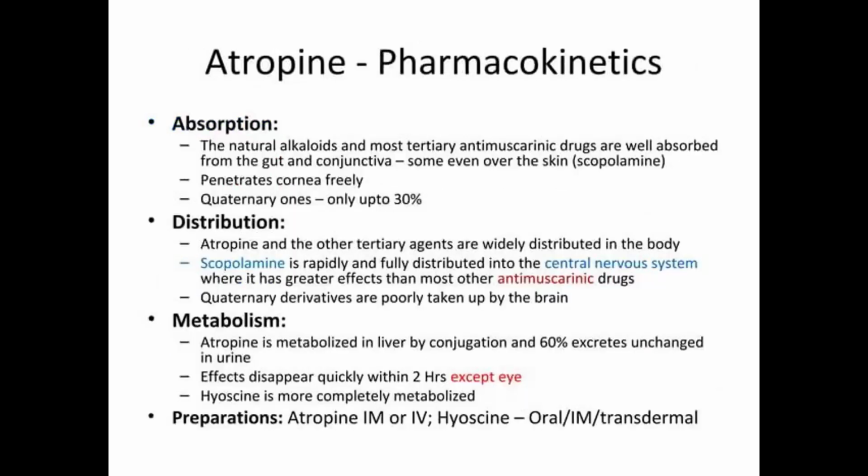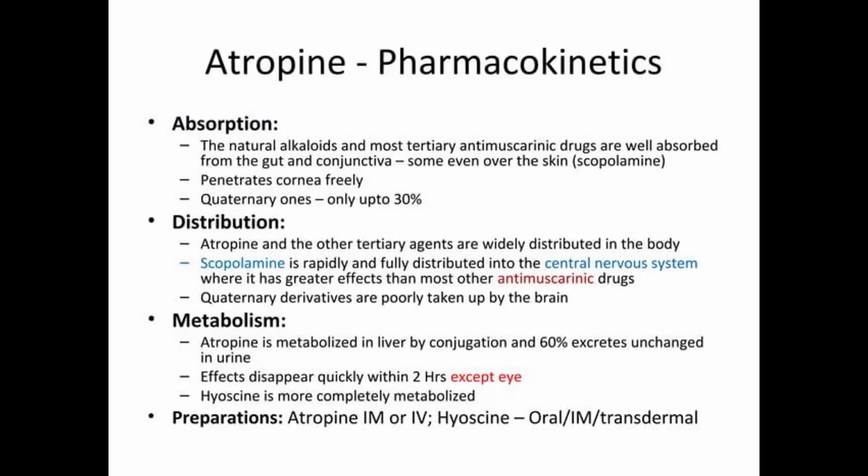Now we go into the pharmacokinetics. Absorption: the natural alkaloids and tertiary antimuscarinic drugs are well absorbed from the gut and the conjunctiva, and there is also skin absorption. It can penetrate the cornea freely. Atropine is widely distributed in the body.